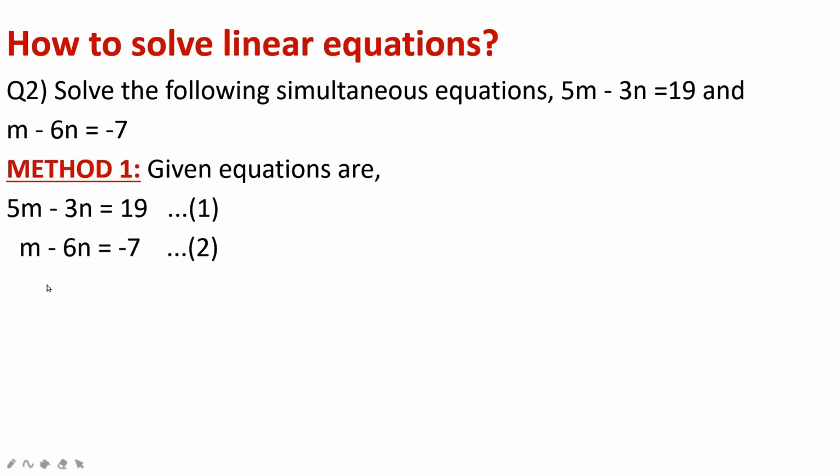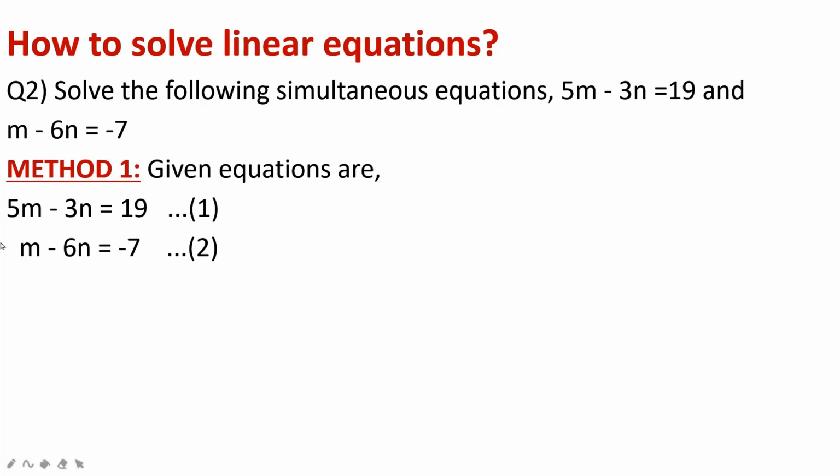Now method 1. In method 1, what we are going to do is we are going to take any one variable. If I'm saying that I am taking variable m, then we have to make the coefficients of the variables in equation 1 and equation 2 the same. So if our m is having 5 as the coefficient in equation 1, then it should have 5 in equation 2 as well.